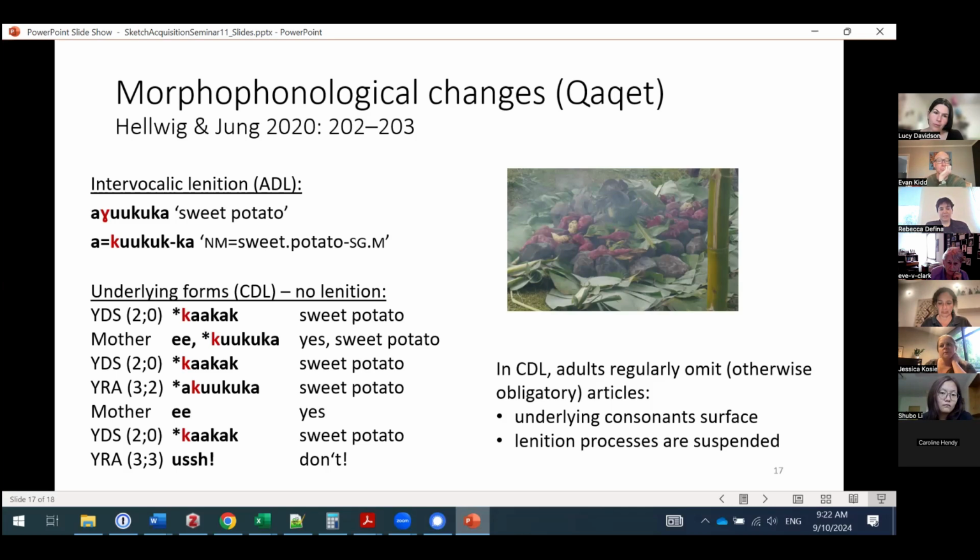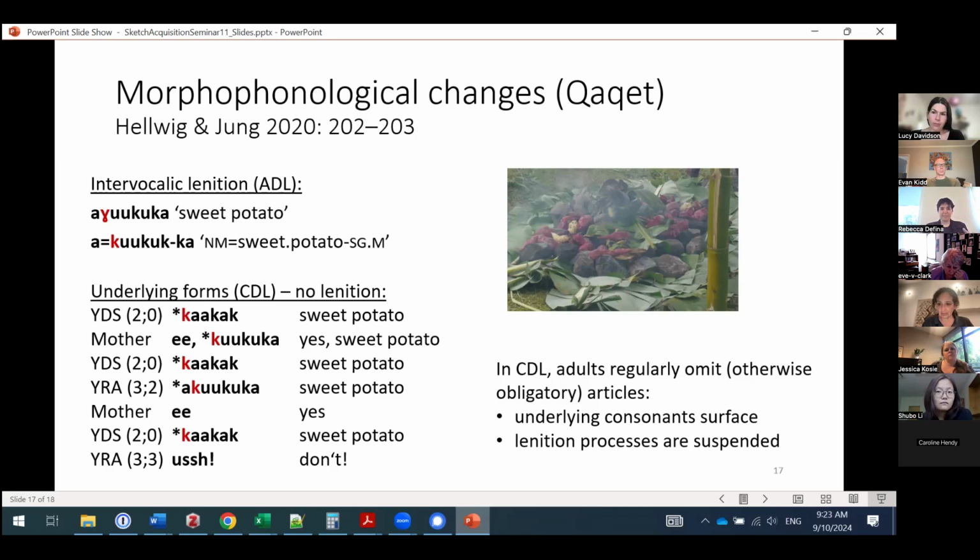But in looking at child-directed speech, she found that adults were regularly omitting this otherwise obligatory article, and this allowed the underlying consonant to surface. So here in this case a 2-year-old sees a sweet potato and says kaka, sweet potato, and the mother says yes, kukuka, sweet potato, but without that otherwise obligatory article, which allows the plosive form to appear.